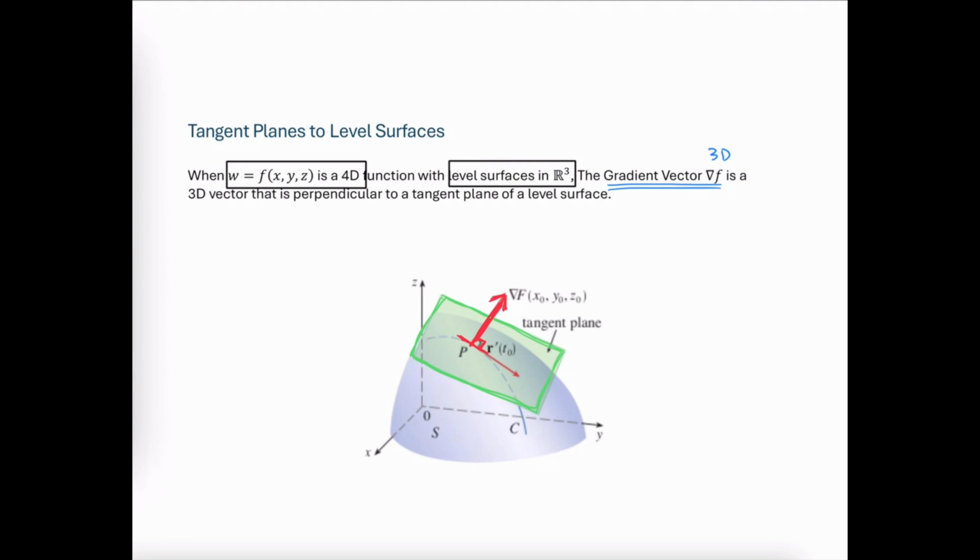Now this is quite helpful because we know that in order to get the equation of a tangent plane, what we need are, number one, any point in the plane, but number two, a normal vector, or a vector that's perpendicular to that plane. And we can use this gradient vector as our normal vector to help us get the equation of a plane that's tangent to a surface.